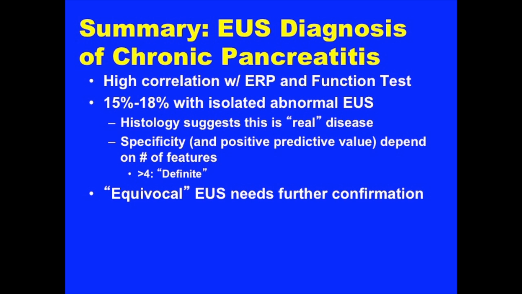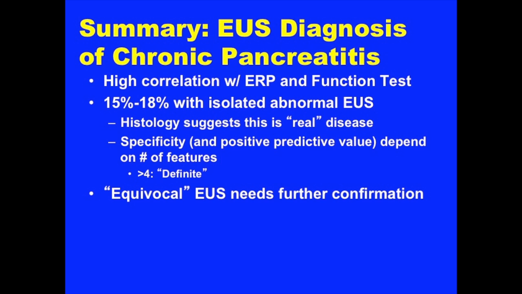In summary for EUS, in terms of making a diagnosis of chronic pancreatitis, there is a strong correlation with ERCP and function testing, depending on the number of criteria that you use. In about 15 to 18% of these patients, there will be isolated abnormal EUS findings, but the correlates with histology suggest that this is real disease.